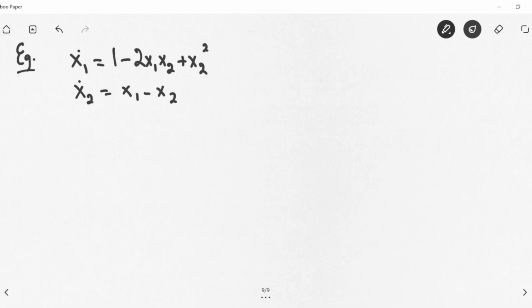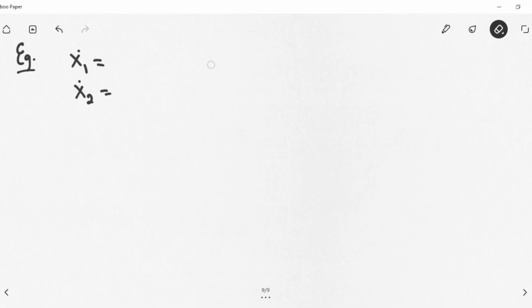Let us not take this example. I'm not sure about the number of equilibrium points. Let us have this example.